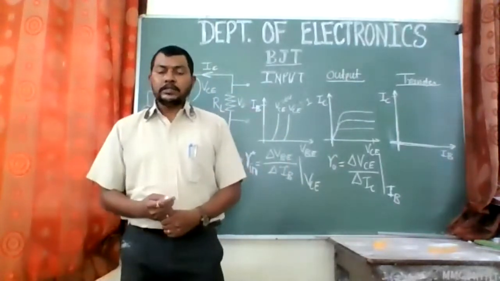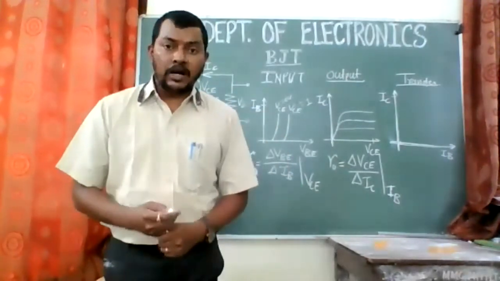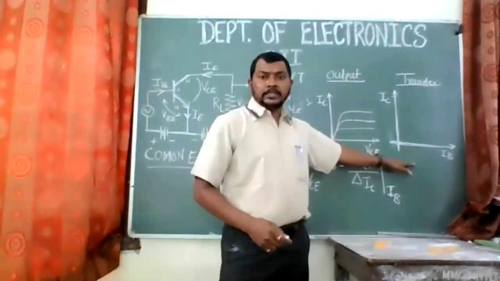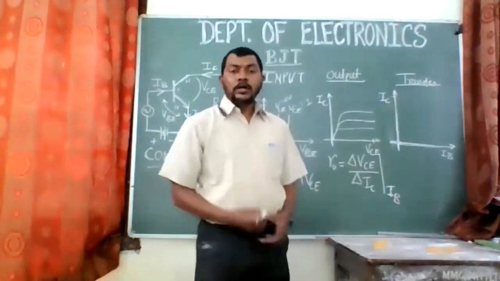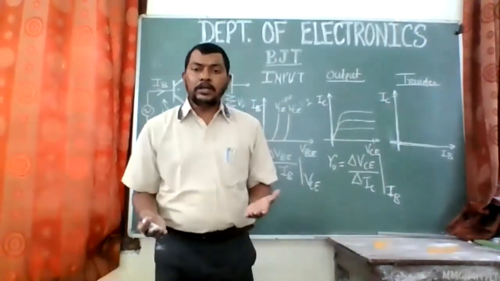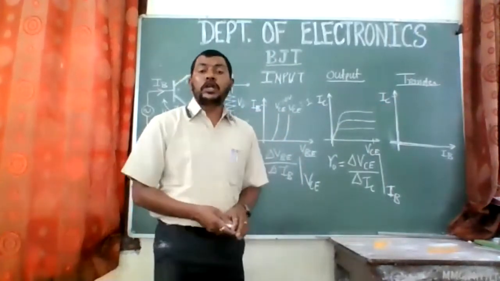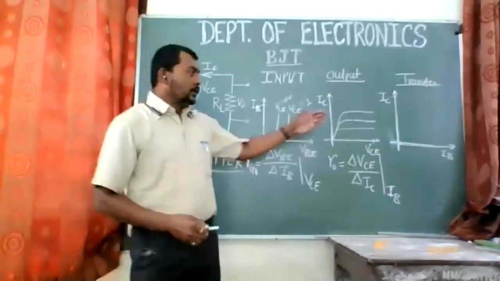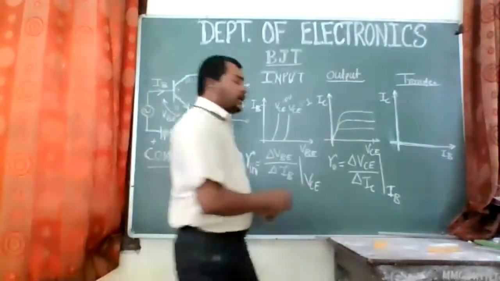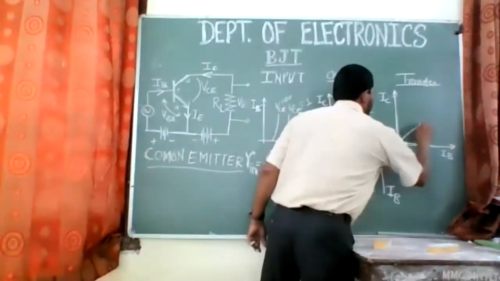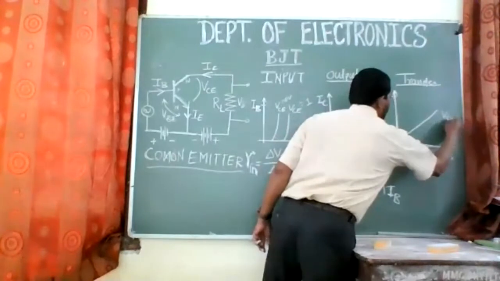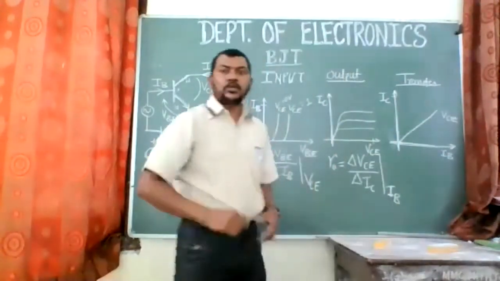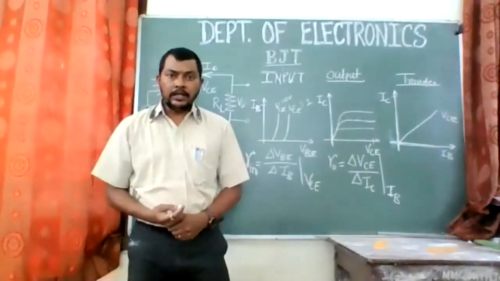So the transfer characteristic is the curve plotted between the base current on the x-axis and the collector current on the y-axis. It is again nothing but the current amplification factor, which we call the base current amplification factor. And the graph shows that it is linear, and this is at constant VCE. So this is at constant VCE, right?